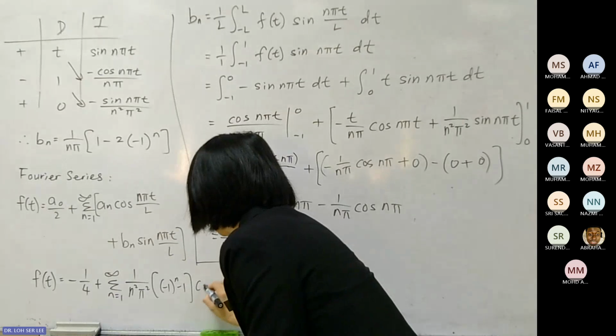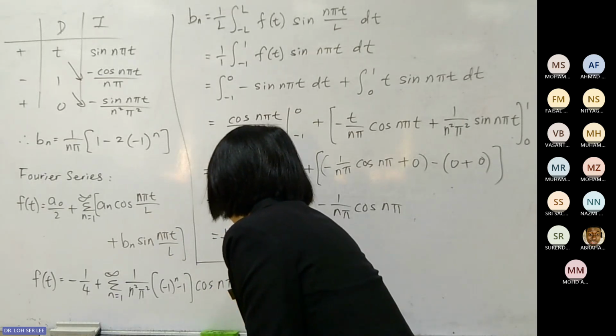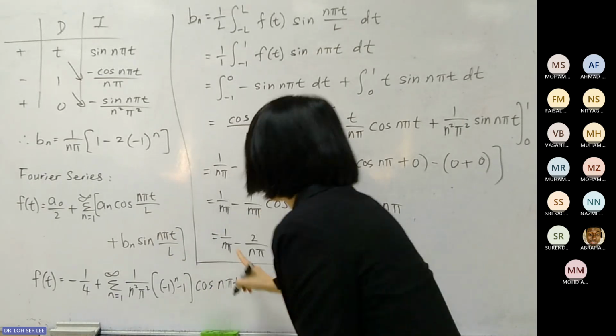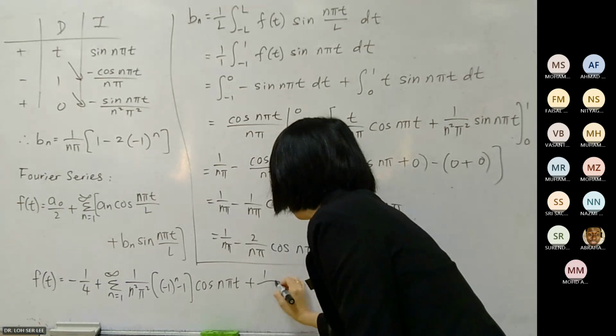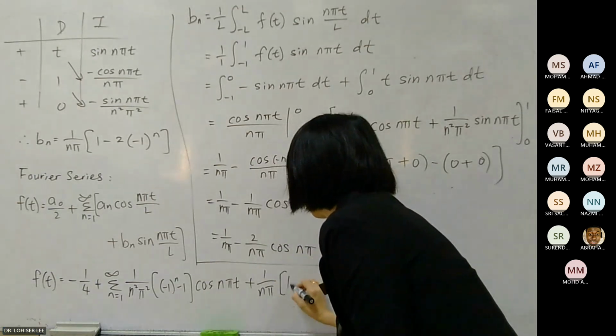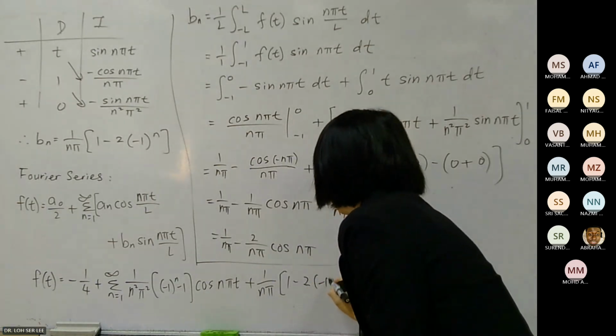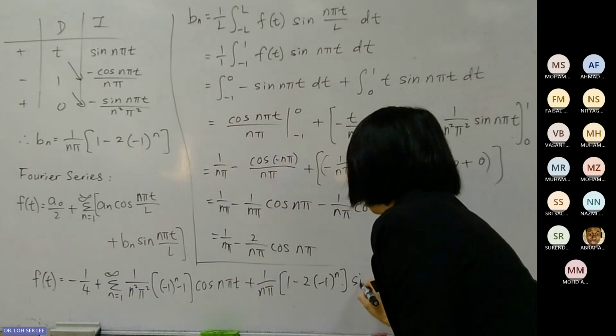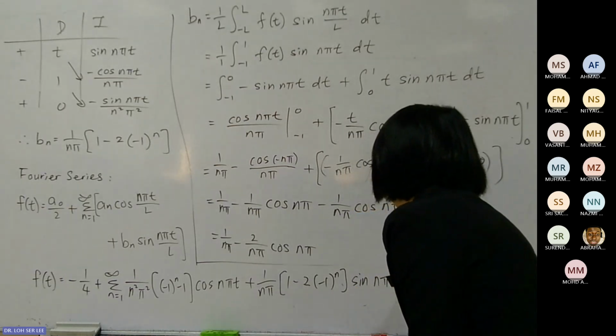That is 1, so cos n pi t plus Bn sin n pi t.